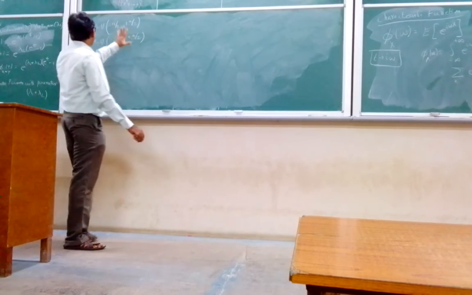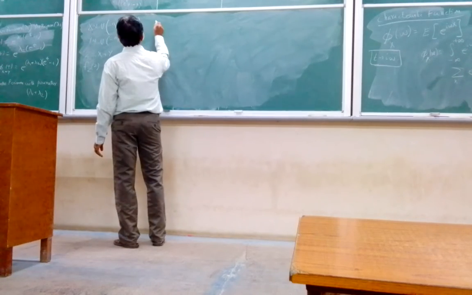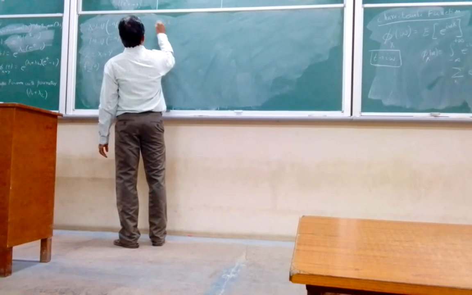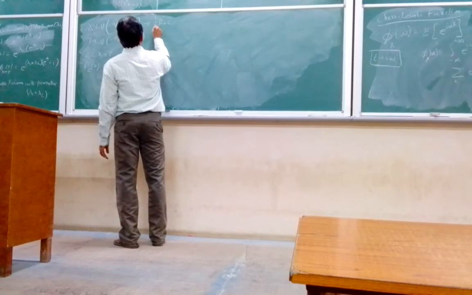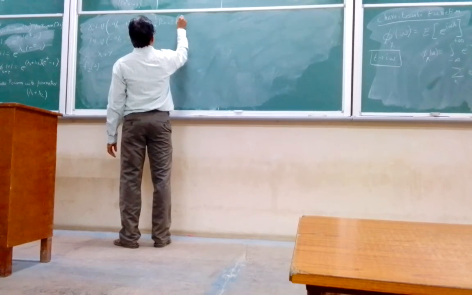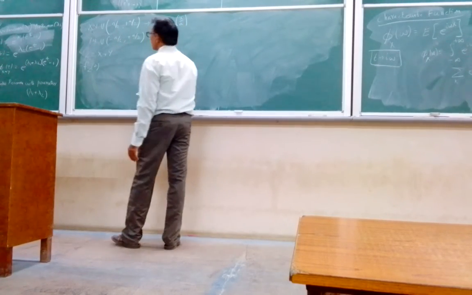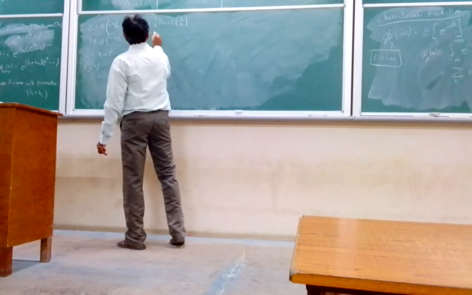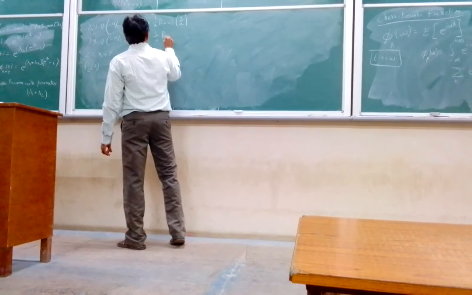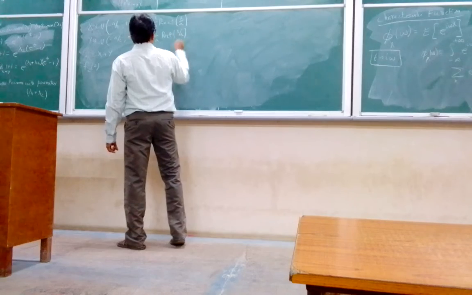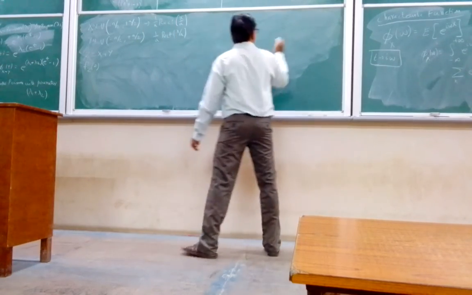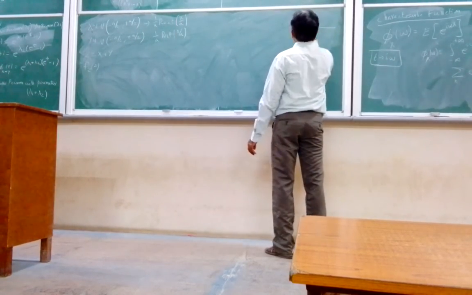So what is this function? We gave a name for it. The density of x is 1 by a rect of x by a. This is also the same, 1 by a rect of x by a. So what is that rect function?